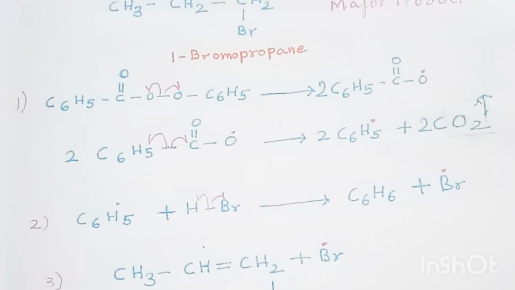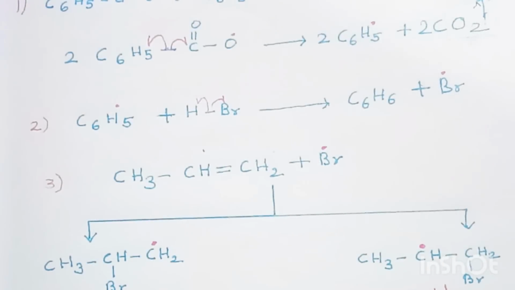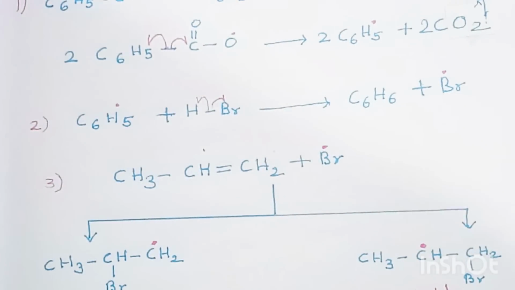This is a primary free radical, which is less stable. If the bromine gets attached to this carbon atom, we get a more stable secondary free radical. Let's see first the less stable primary free radical. This is CH3CH radical CH2Br. This is a primary free radical.